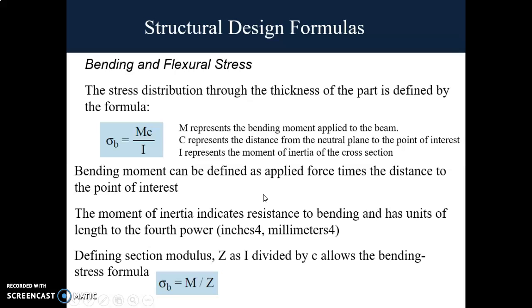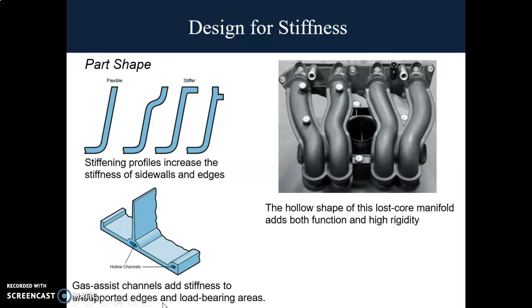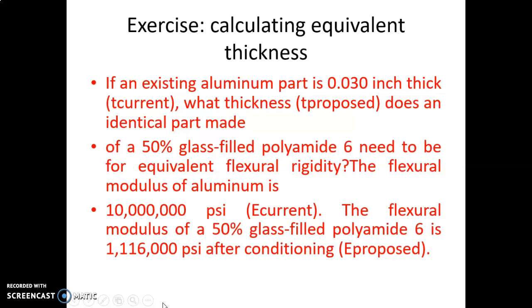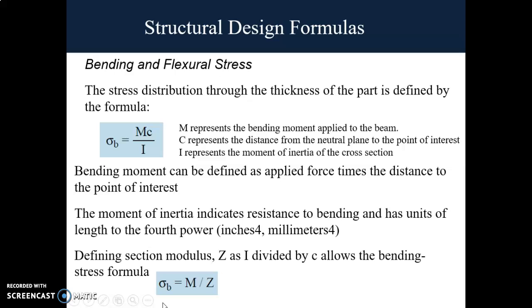Okay, in this formula, for the simple cantilever shown in the figure, the moment of inertia indicates the resistance of the bending and has units of length to the fourth power, inch or meter.